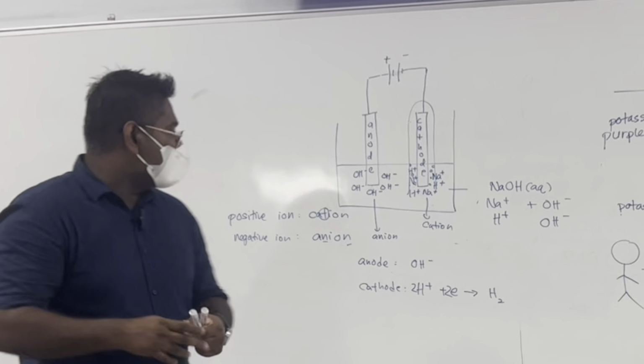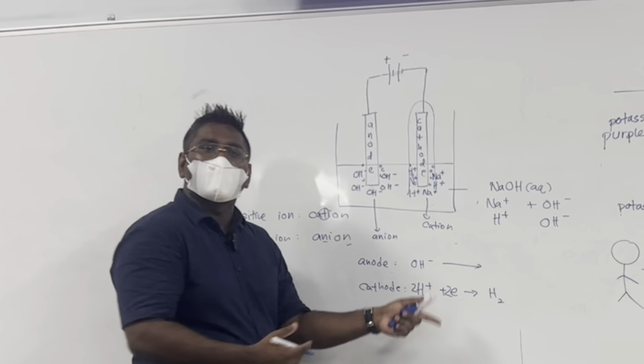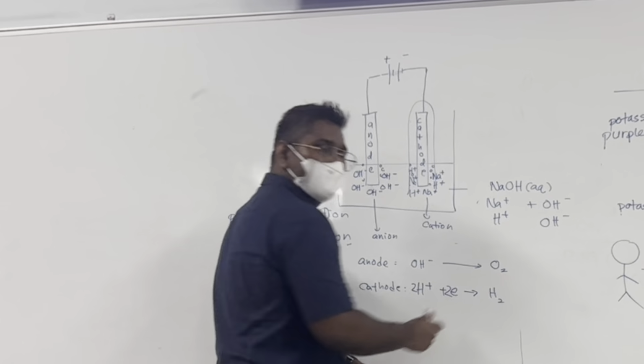How about the anode? The anode also will give you gas. Last time you memorized it, but if you don't memorize, I'll just give you OH minus, and they will give you oxygen.